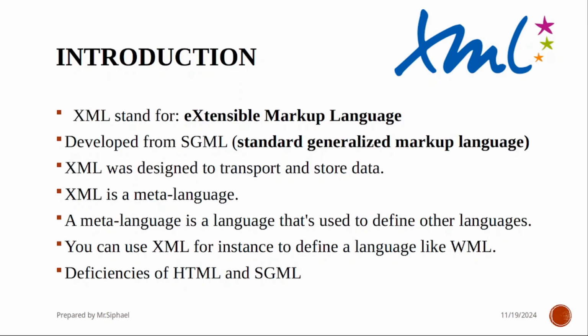XML is a meta language, which simply means a language used to define other languages. So you can use XML to define a language like WML, for example. WML stands for Wireless Markup Language. It's a markup language that's used to design websites for mobile phones.